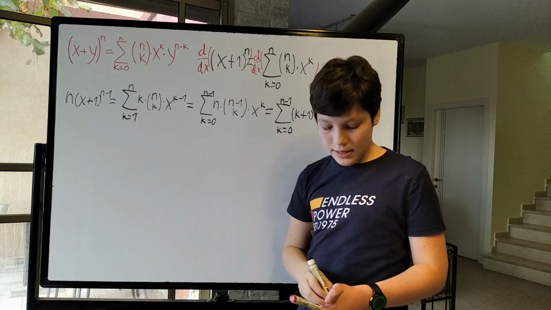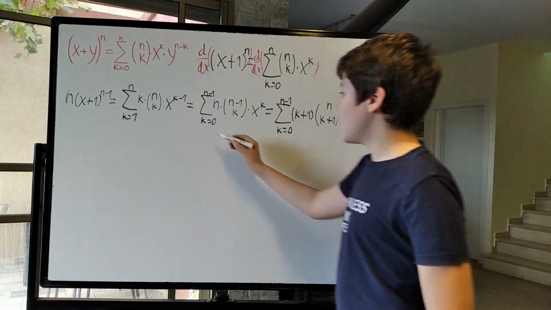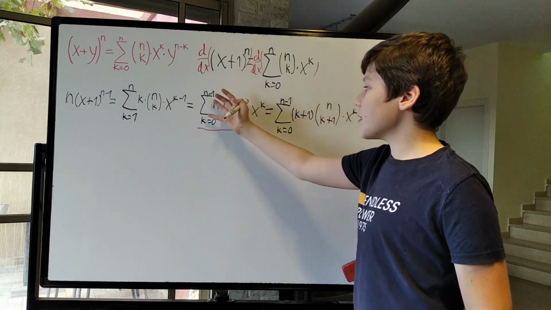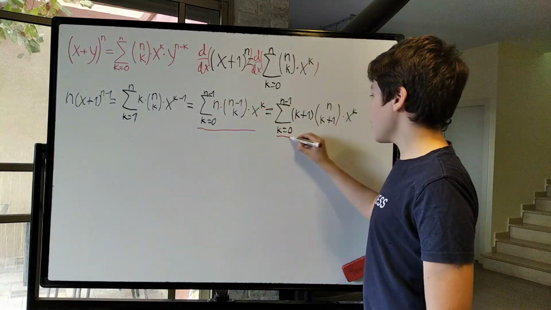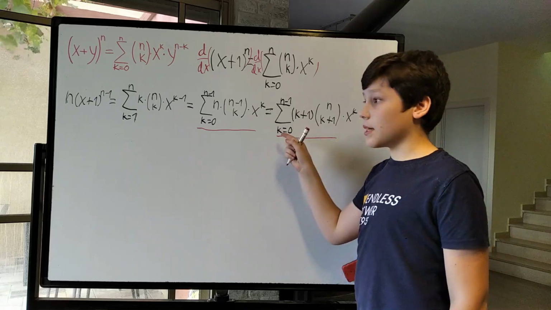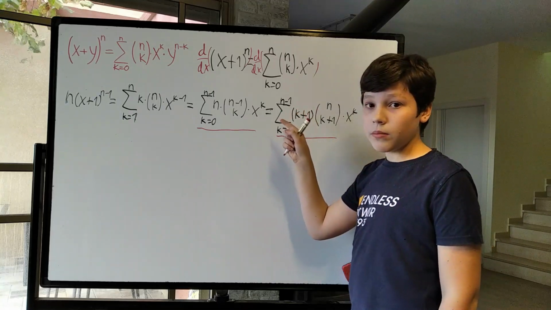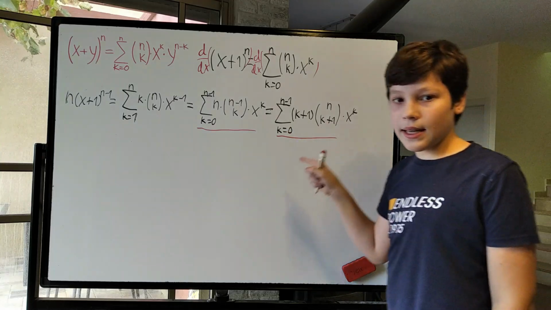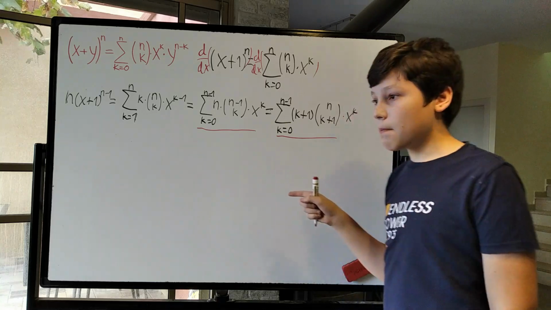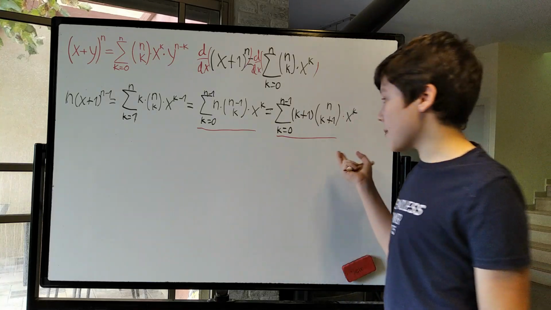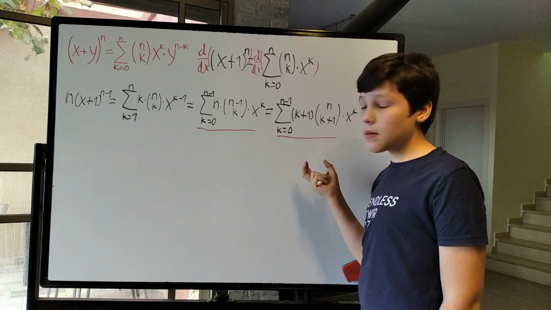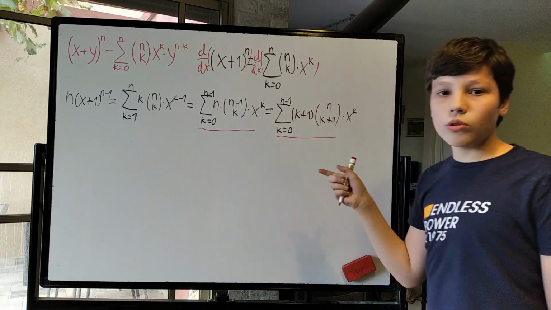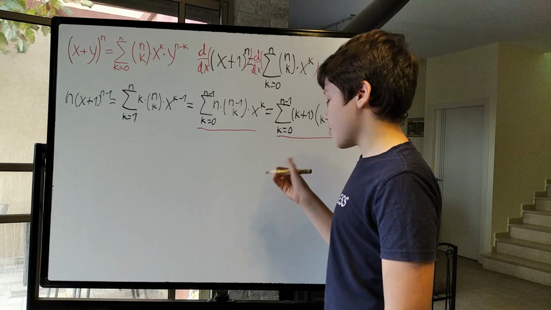Now, let's see. We have one sum starting at 0 ending in n minus 1 of something times x^k. We have another sum starting at the same 0 to the same n minus 1 of something times x^k. What does that mean? That means that if we expand the sum, each one of those terms, the 0th term, the first and second term on both sides will all be equal, and so will the kth term.